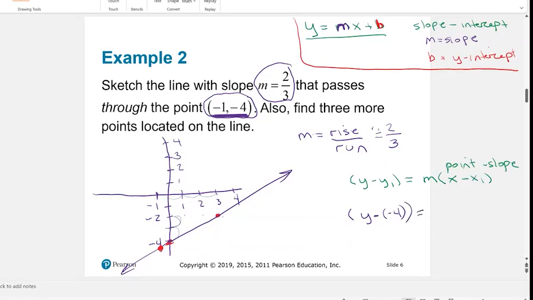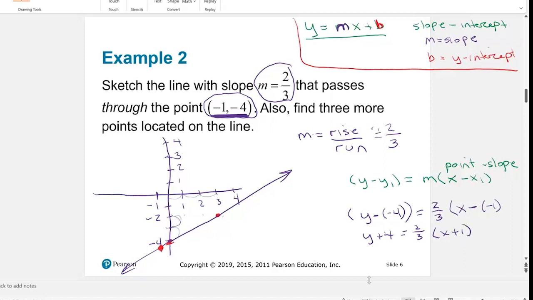And that's going to equal m, which they gave us, times x minus, and x1 is -1. So now I have y + 4 is equal to 2/3 times x + 1. And I can subtract 4 from both sides.